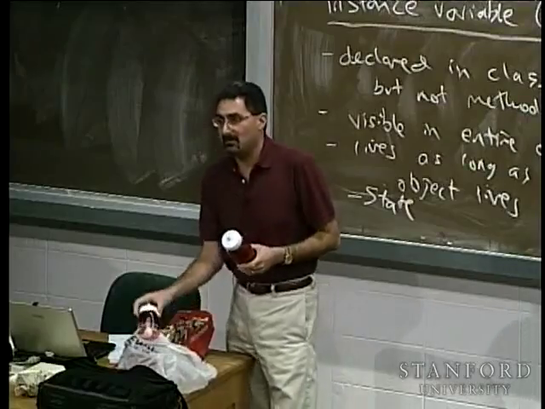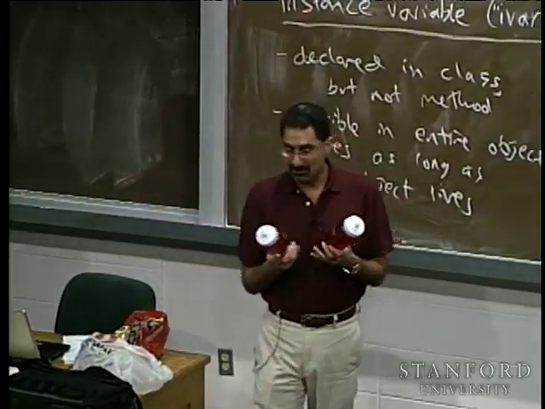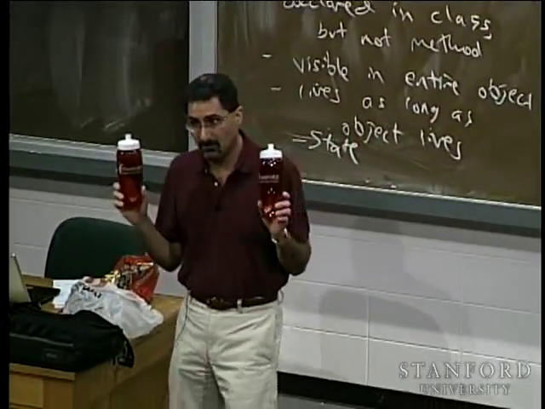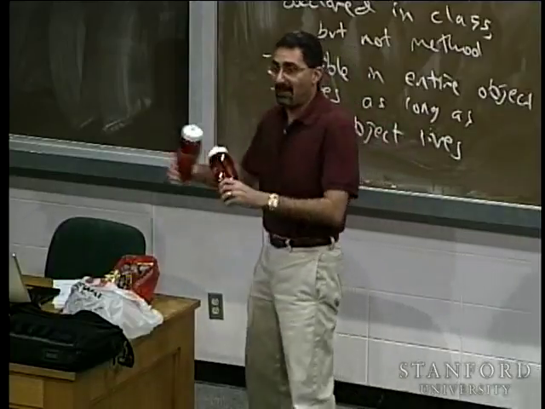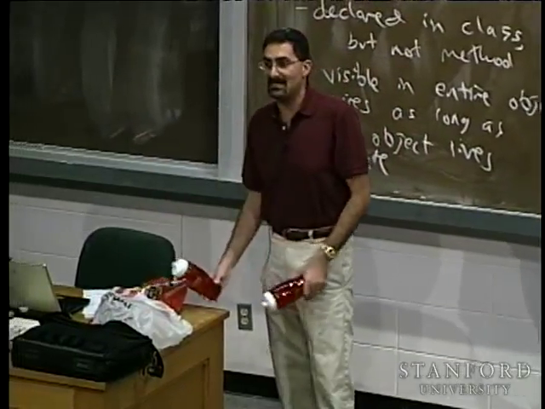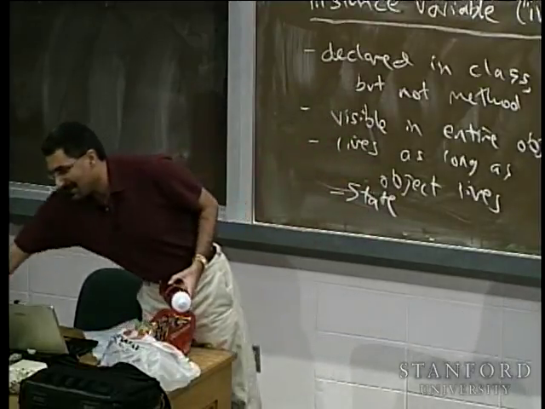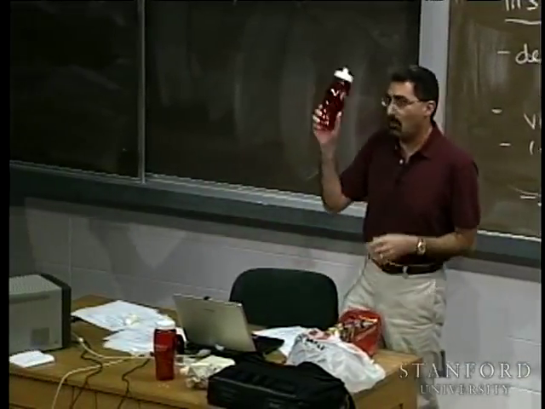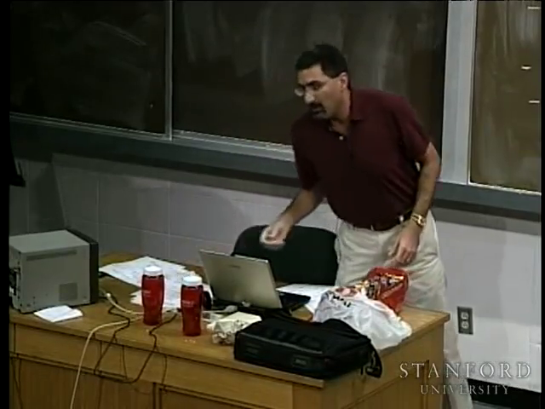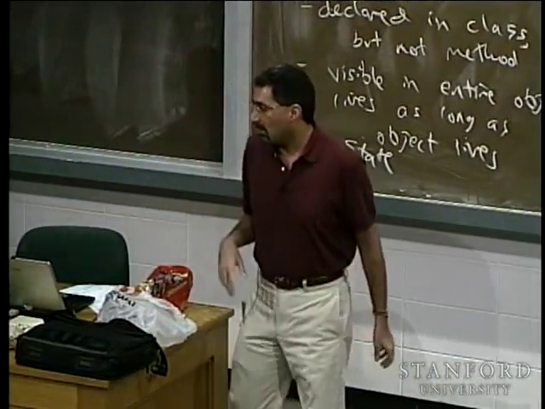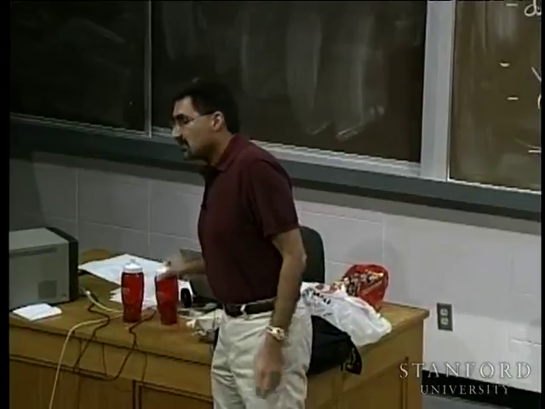Here's two water bottles. These are objects which were lovingly provided to me by the Stanford Computer Forum. I have some class which is water bottle, and I say, get me a new water bottle. This is water bottle 1. And then I say, get me another new water bottle. This is water bottle 2. Now, sometimes there are some methods I might want to call on this water bottle, like unscrew the cap.